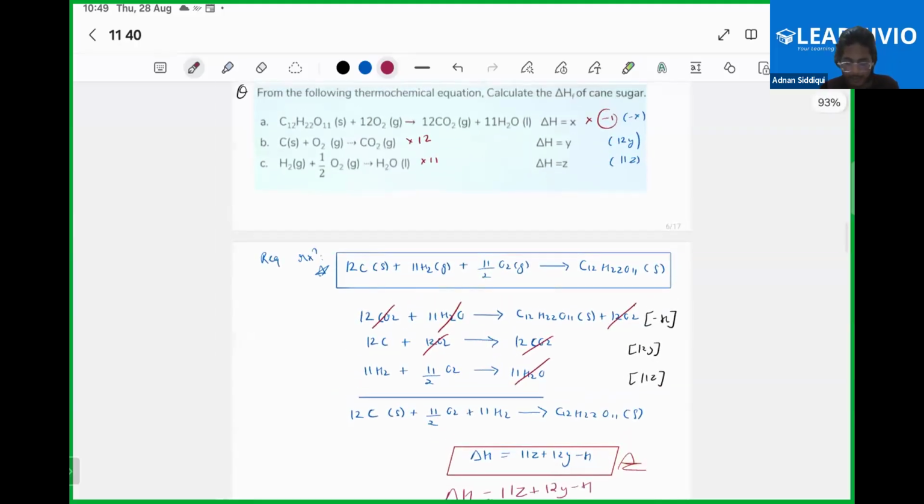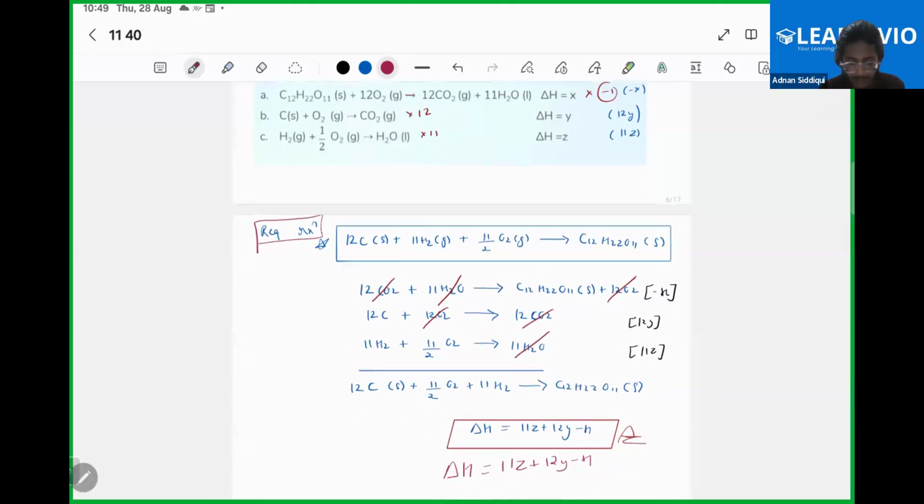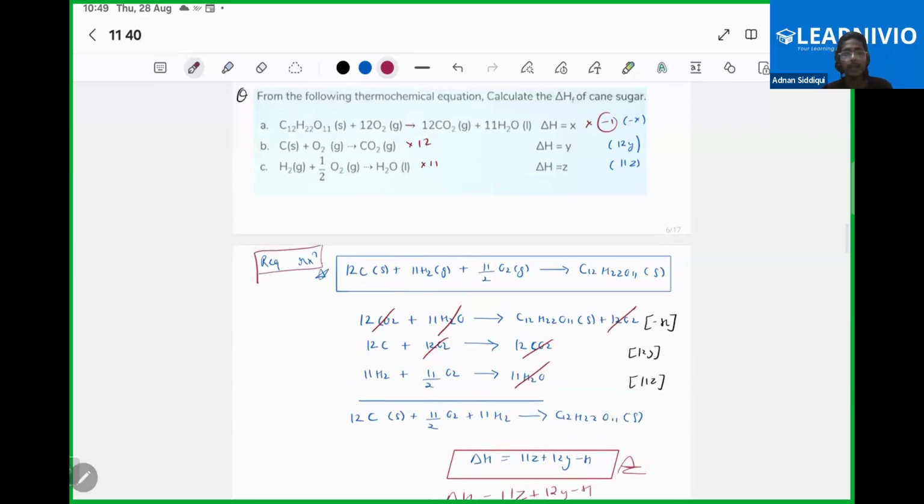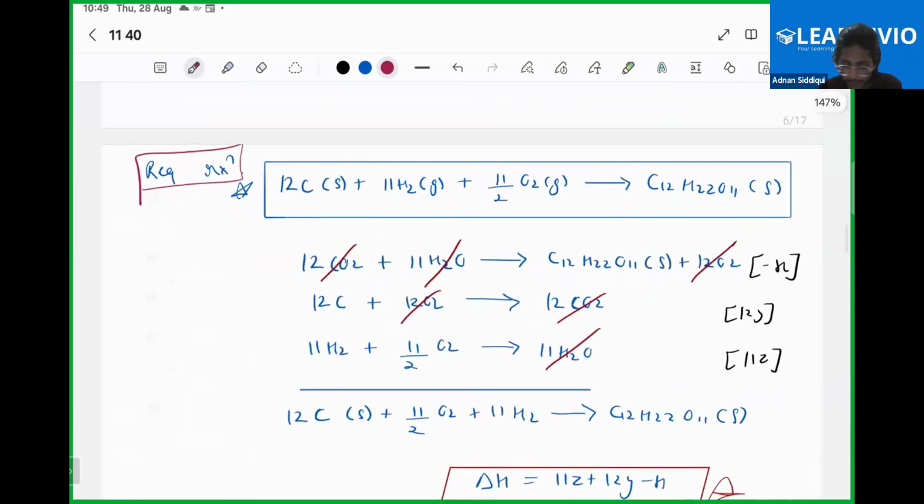To get this net chemical reaction, this required reaction, what did we do? We multiplied x, the first equation, by minus one sign. Why did we do that? Because we need C12H22O11 on the right hand side. After that, equation y, we multiplied by 12. Why? Because we need to remove this 12O2, as in our net chemical reaction we don't have 12O2.